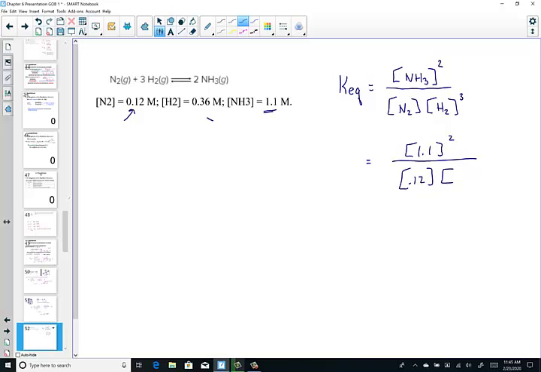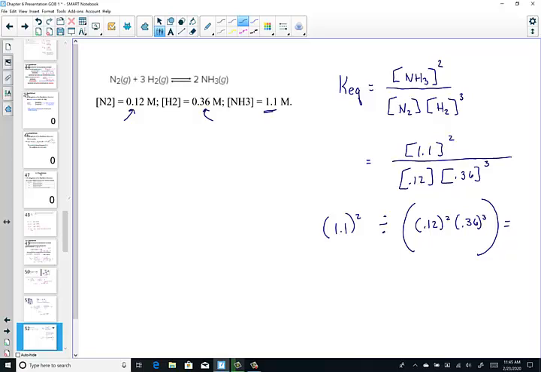And the concentration of hydrogen is 0.36, and that of course would need to be cubed. So think about your key sequence, 1.1 squared divided by parenthesis 0.12 times 0.36 cubed, close your parenthesis, equal.